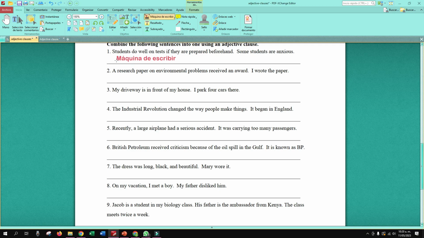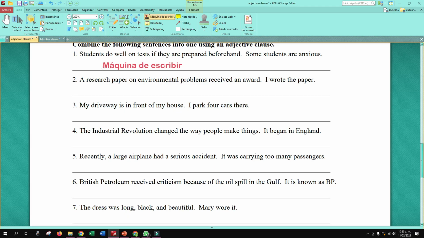Students do well on tests if they are prepared beforehand. Some students are anxious. Which could be that one? There you have students, maybe.